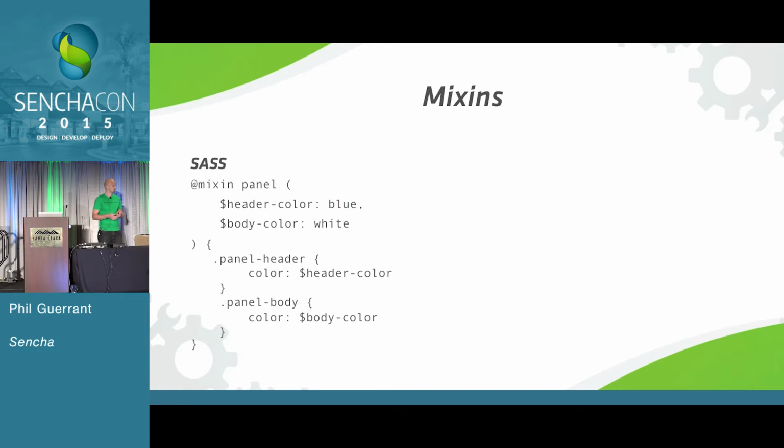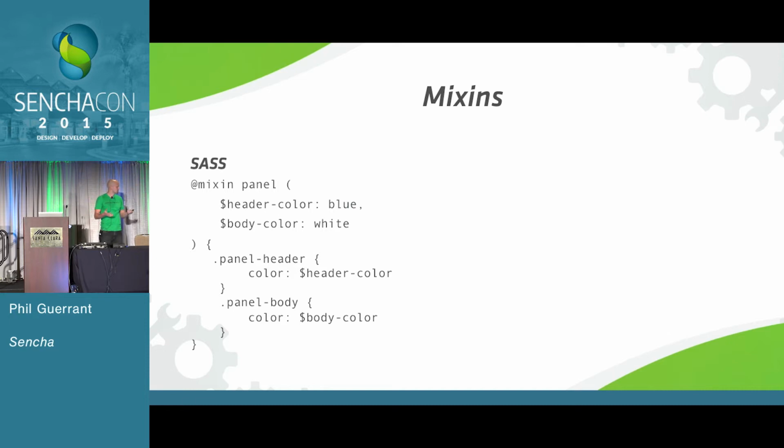So we have a mixin definition which has parameters header color and body color. And then inside the curly braces, you have the body of the mixin, which defines the rules. And those rules use the parameters that were defined in the mixin definition.